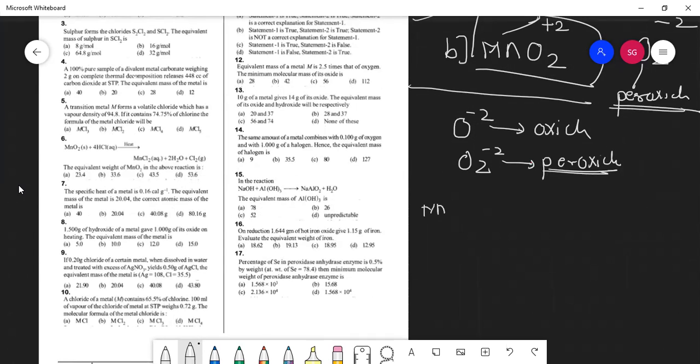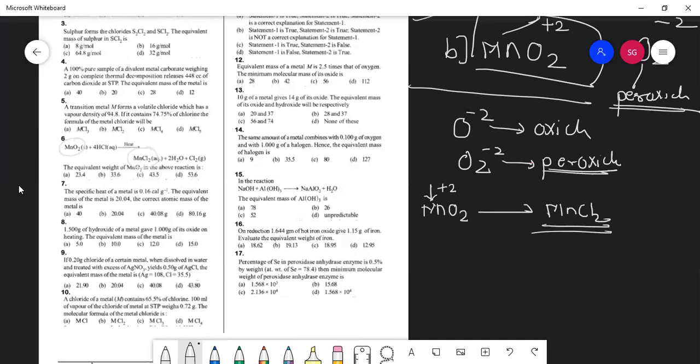Okay. Now here you see, MnO2 equivalent is asked. Everyone look at the reaction. MnO2 is converted into MnCl2. So what is the oxidation state of manganese in this? Oxidation state means how much plus it is. +2. Very good, +2.